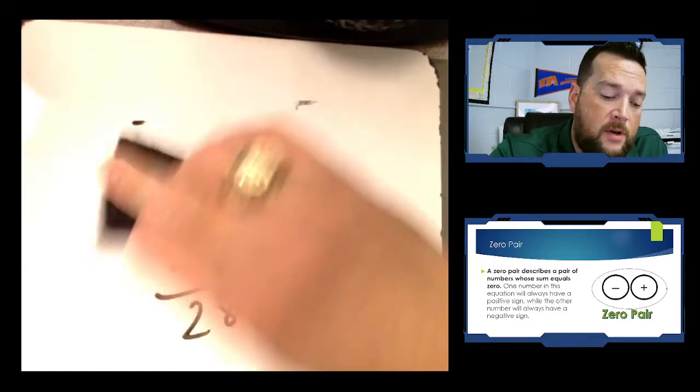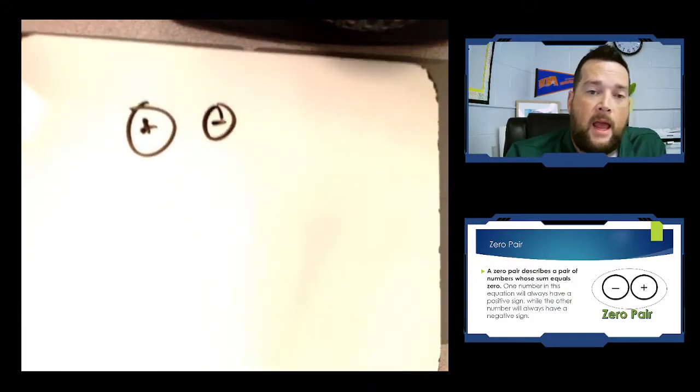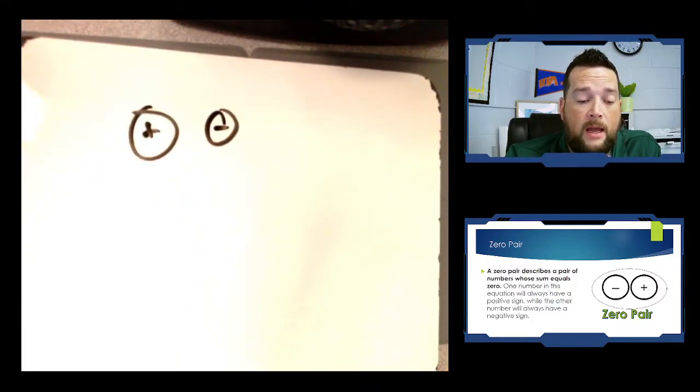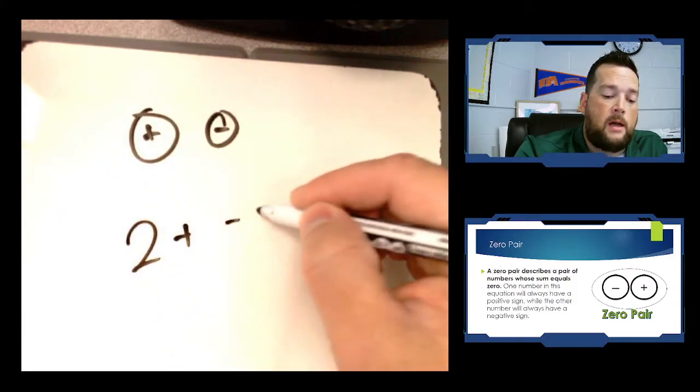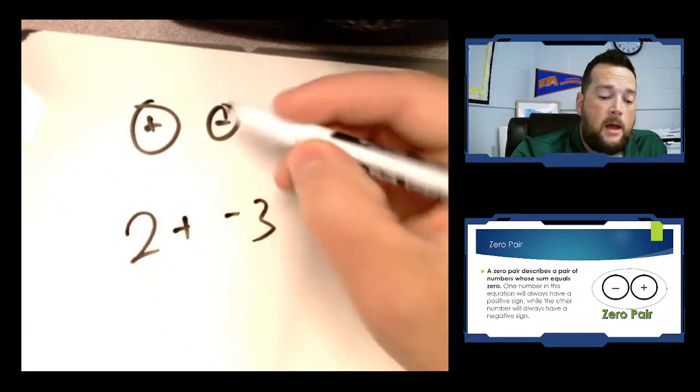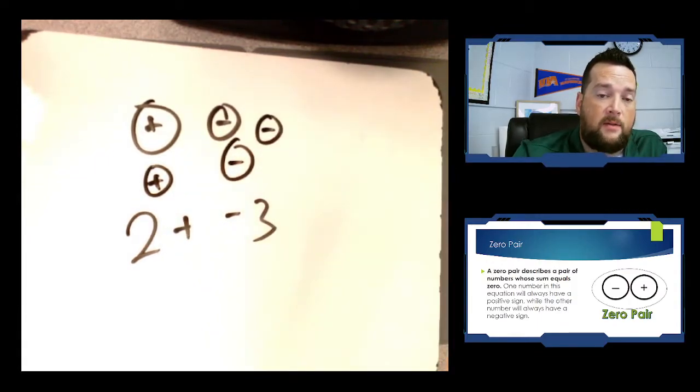The reason why we have to talk about zero pairs with counters is when you're adding integers, let's just say we're doing 2 plus -3, all right? I'm going to have two positive counters here, and three negative counters right here.